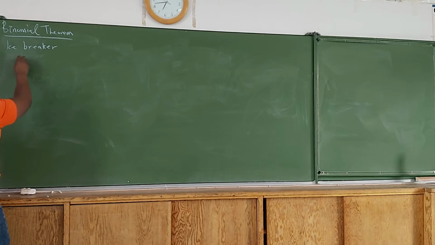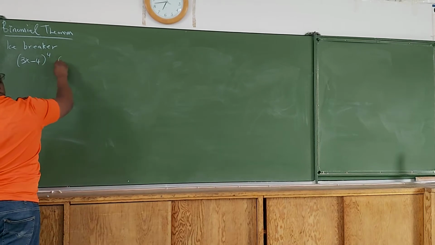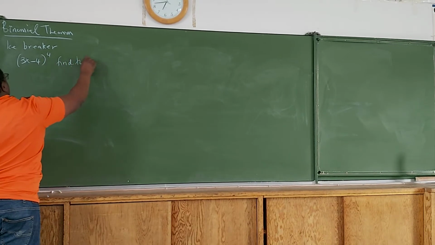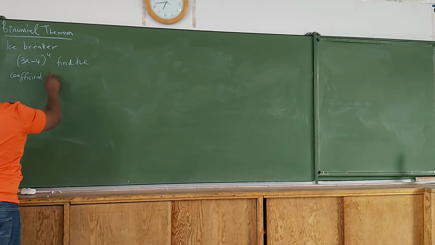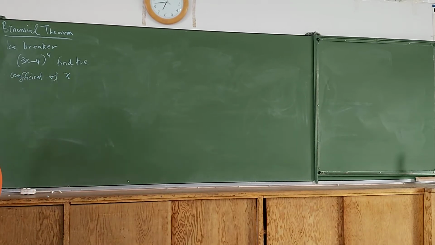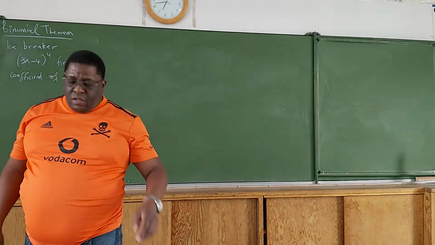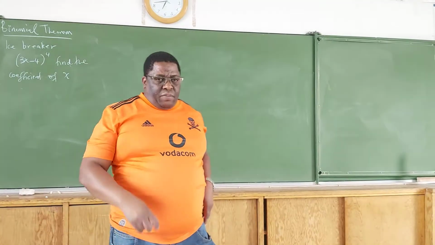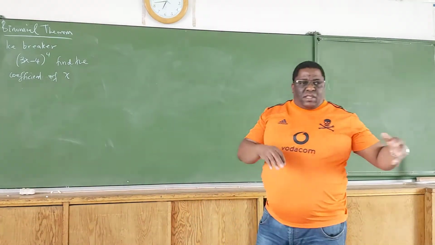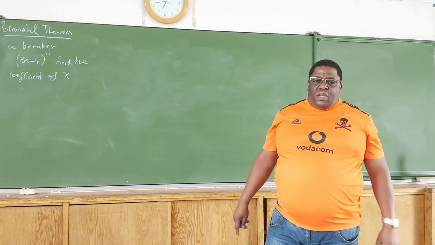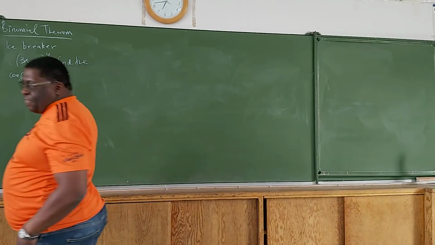It says: in the expansion of (3x minus 4) all raised to the power of 4, find the coefficient of x. So we're not going to take that bracket and multiply that same bracket by itself and just look at what the coefficient of x is. You can do that if you want to, but it's going to be a horrible number.